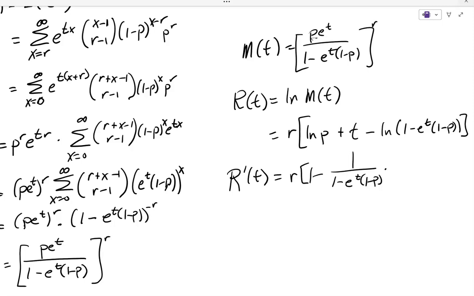Well, the derivative is going to be itself, isn't it? This is going to be a negative e to the t times 1 minus p. That wasn't terrible. Right? 1 minus p is just a constant. Derivative of e to the t is e to the t. A minus here will make a plus, so we'll have r times 1 plus e to the t times 1 minus p over 1 minus e to the t times 1 minus p. It's a lot of words.